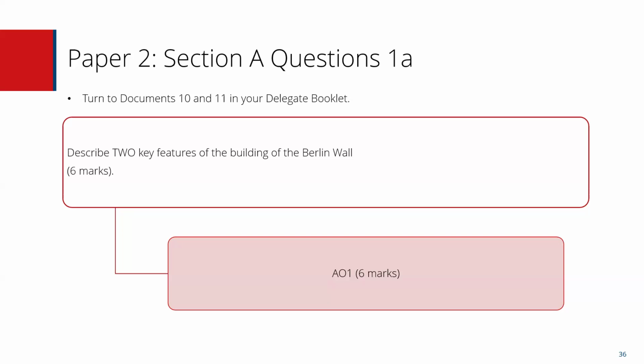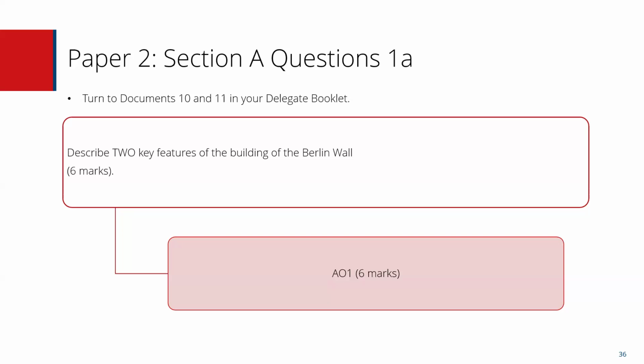Have a little look there at your mark scheme. I just want to highlight a few things. The first thing examiners will do is see if there are 2 features, because the question is asking for 2 features. If there's only one, no matter how good it is, they're only going to get 3 marks. So please tell your students to make sure they write about 2.